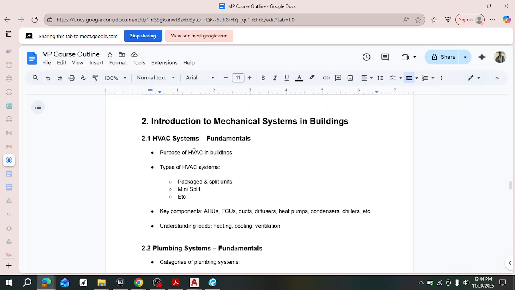Ventilation is introducing fresh air, making sure that there is a good amount of oxygen in the air. That's my idea about ventilation.